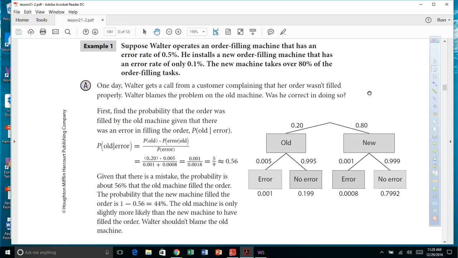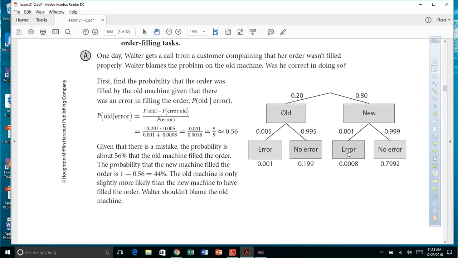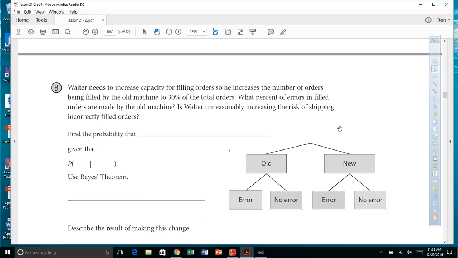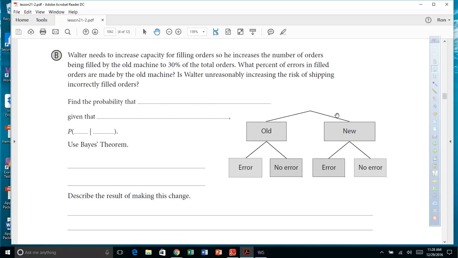Okay, so suppose Walter operates an order filling machine that has an error rate of 0.5%. He installs a new order filling machine that has an error rate of 0.1%. The new machine takes over 80% of the order filling task. Right, so you go ahead and do A, and when you get back, we'll do B together.